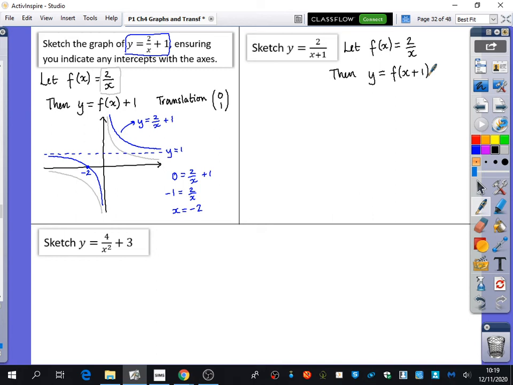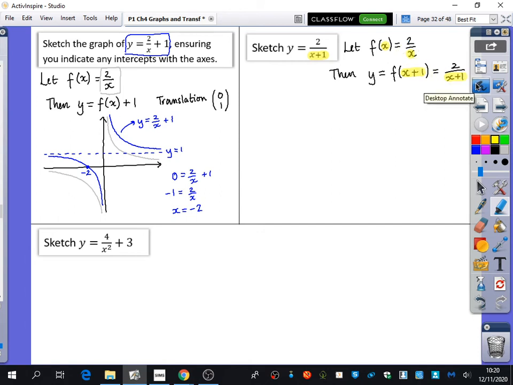Because this is telling you, instead of putting x inside the function, to put x plus 1 instead of x. That's what this notation is telling you to do. Don't put x inside. It is saying put x plus 1. So it will be 2 over x plus 1. Notice how the x has become an x plus 1.